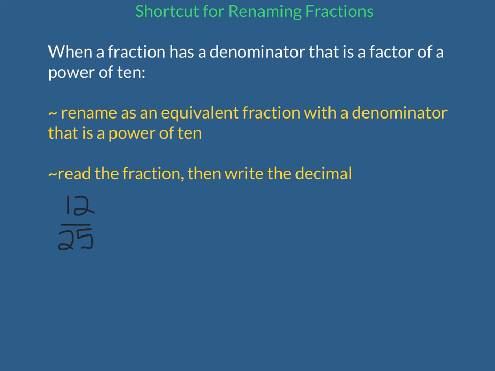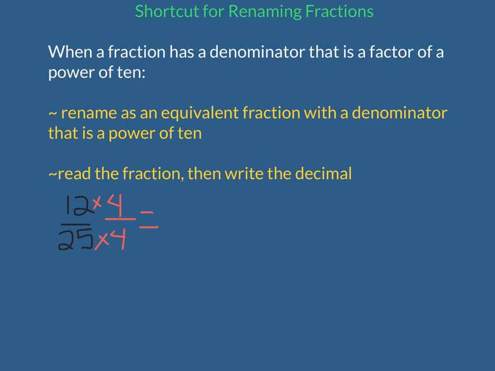So we think 25 is a factor of 100. So we can change that fraction, and in order to get that to equal 100, we would have to multiply it by 4. So we have to multiply the top by 4.